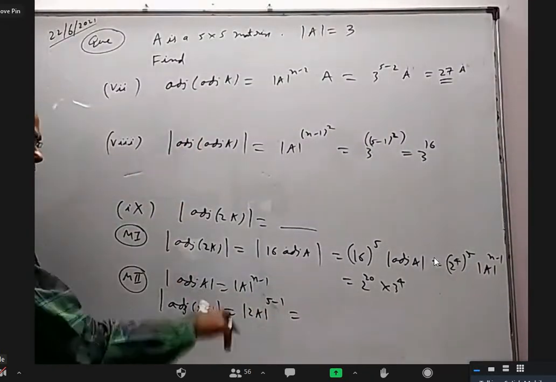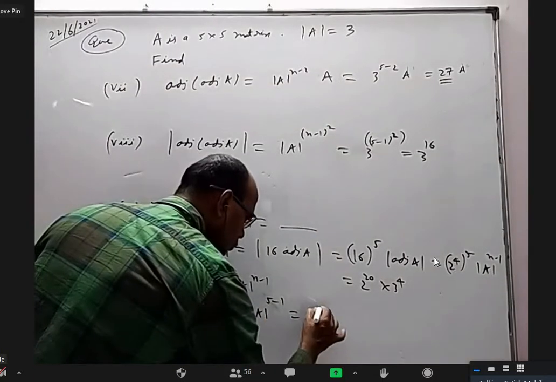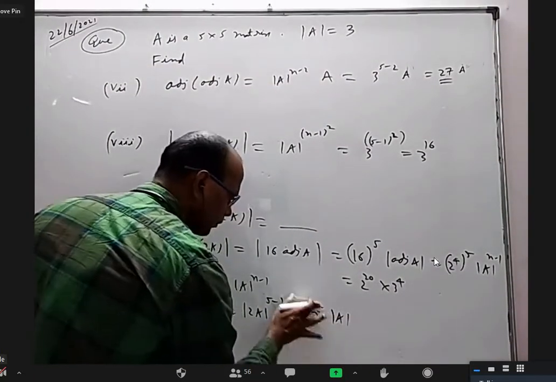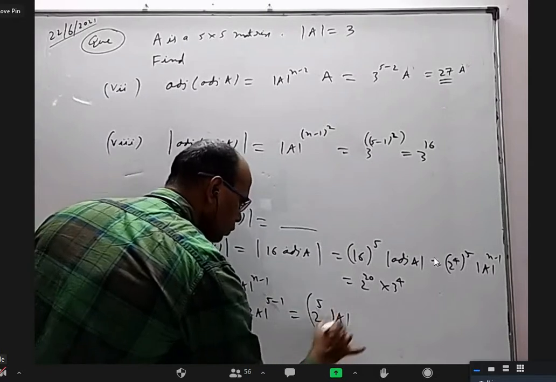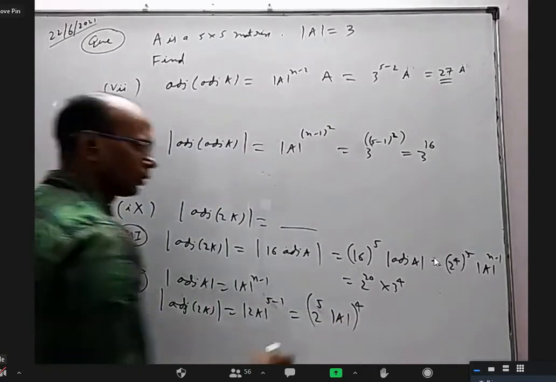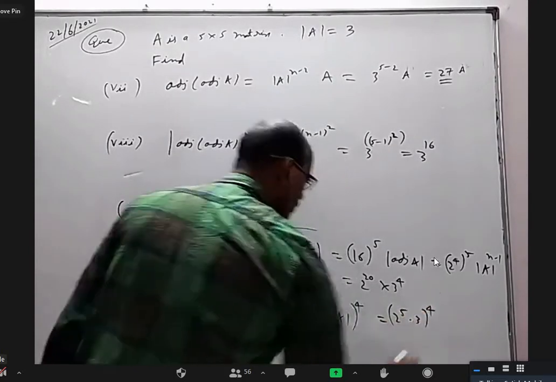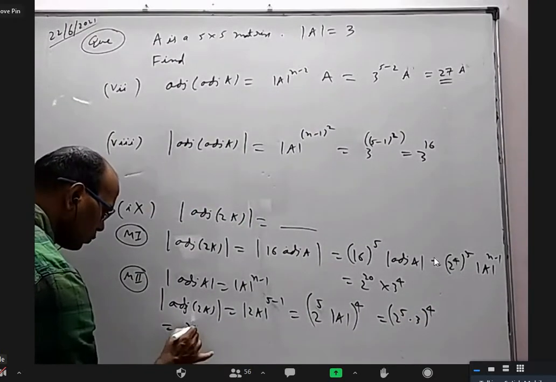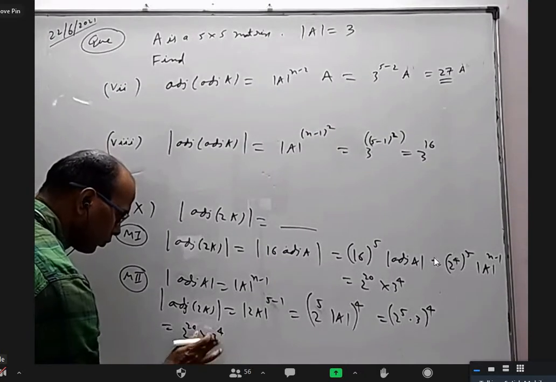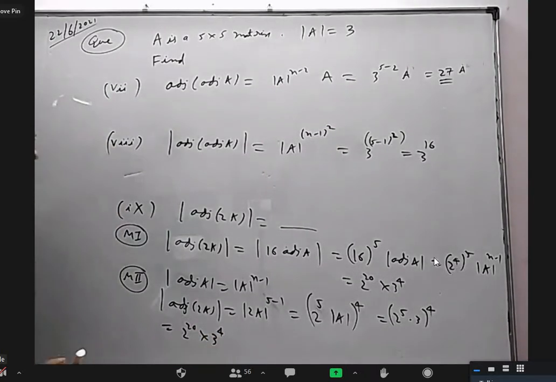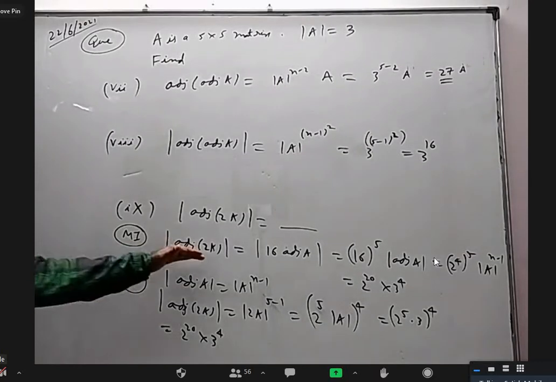But det of 2A itself is 2 power 5 into det A, whole power 4. That is 2 power 5 into 3 whole power 4, which is 2 power 20 into 3 power 4. So you can do like this or like this.